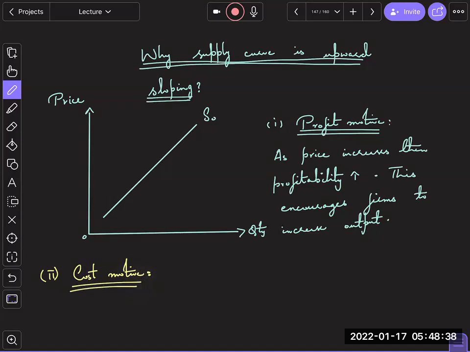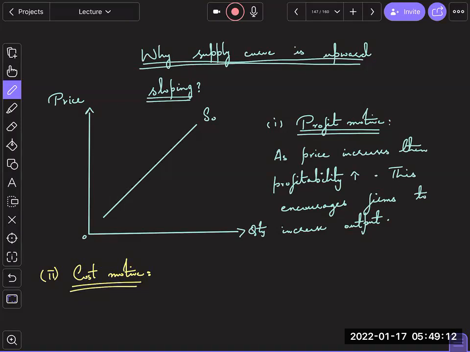In order to increase the output, if the producer wishes to expand their quantity supplied in the short run, a firm will witness that their cost will be increasing, such as ordering more raw material and hiring more employees, labor. And due to the increase in the cost, the firm will have to increase the price in order to maintain the profitability.